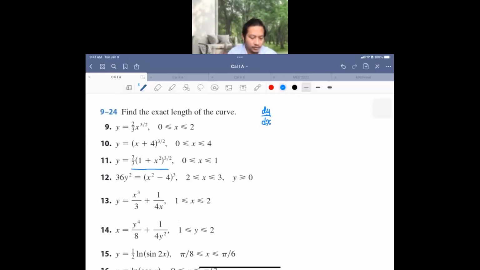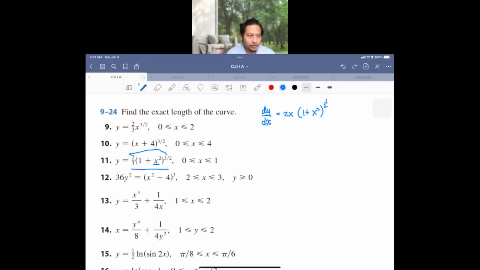We are going to put the power here going down, so it will be canceling, and then don't forget the chain rule for the x squared. So 2x, 1 plus x squared, and then the power will be minus 1. It's supposed to be half.